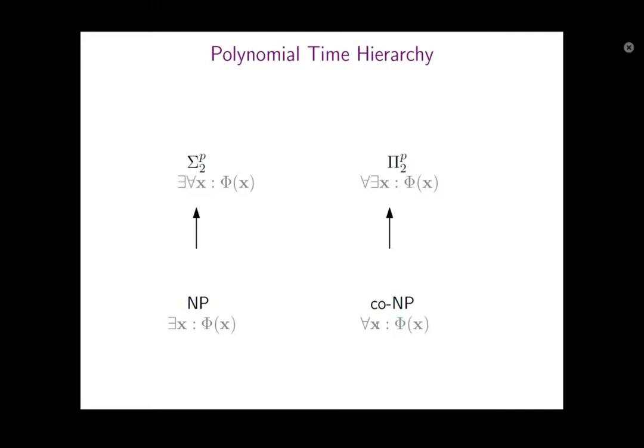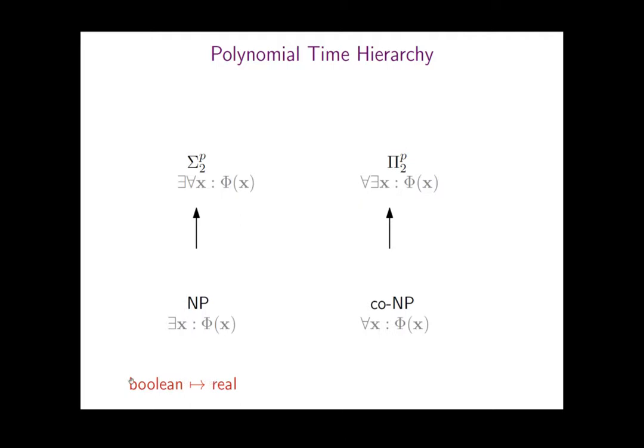And now you can play this further. Instead of just one quantifier, we have two quantifiers, one universal and one existential. Depending on the order, we get these levels of the hierarchy, and we can push this to more and more quantifiers and get higher levels. But for us, only the first two levels are interesting.